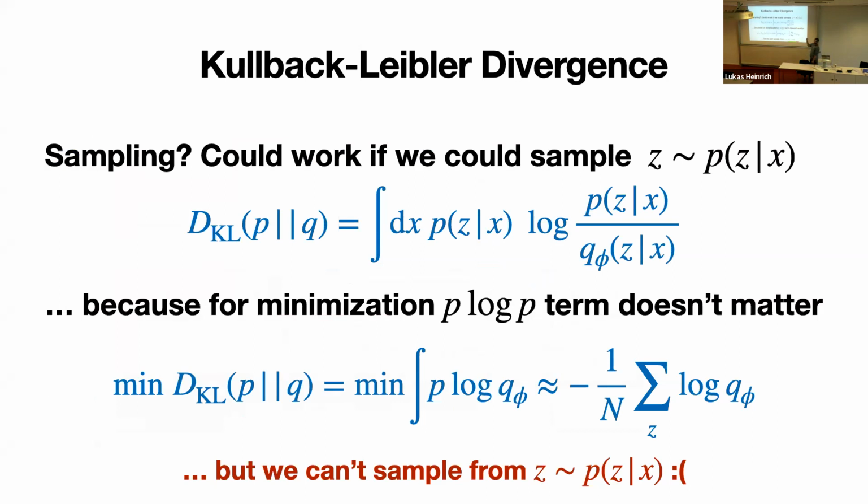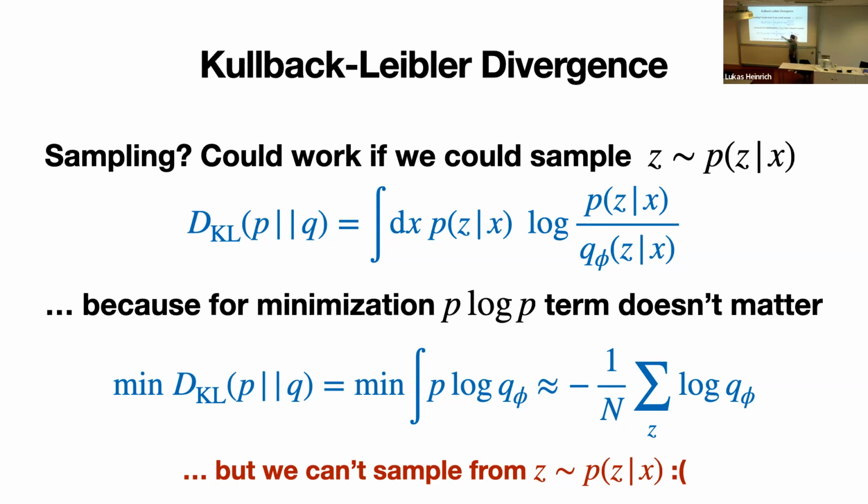Is it actually true that we need it? I want to optimize this KL divergence with respect to the parameters phi. This is just some kind of constant factor, some P log P integral. So this is constant, it doesn't depend on the parameters. And so the only thing that I want to minimize is this integral, right?